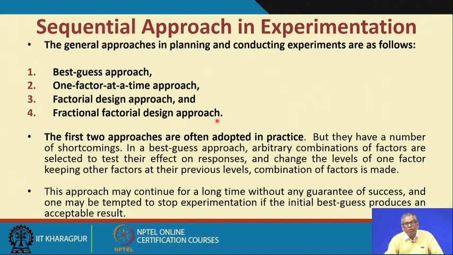The Taguchi method is based on experimentation. One particular fractional factorial design is called the orthogonal array. This particular design he proposes, and this is widely used. So, these are well used, but there are certain problems with these approaches. Whenever you find that this is your experimental approach, you need to go for the factorial design approach.